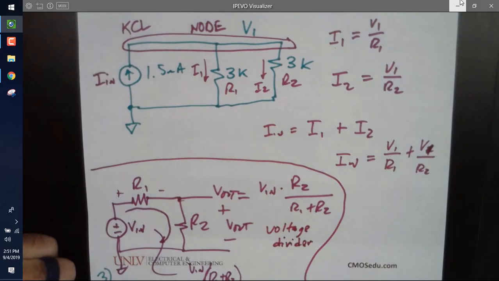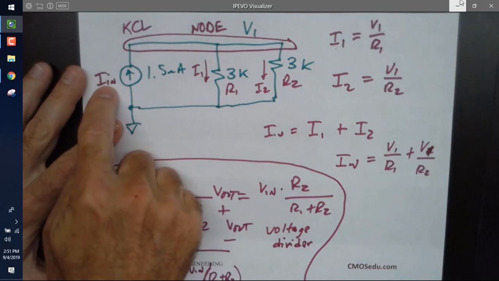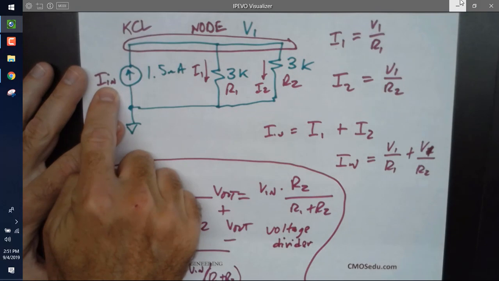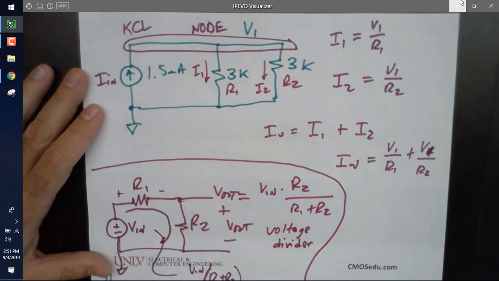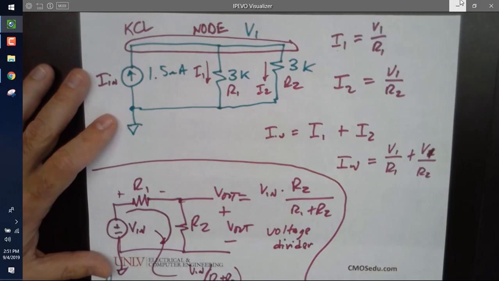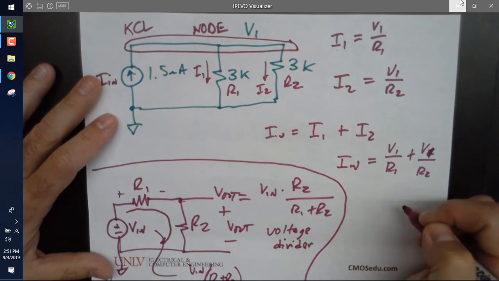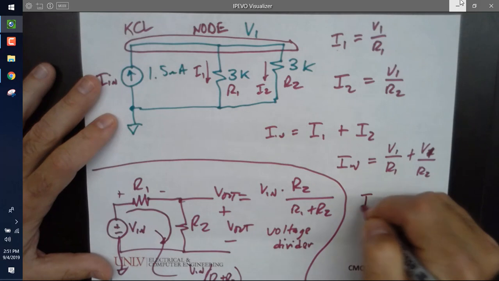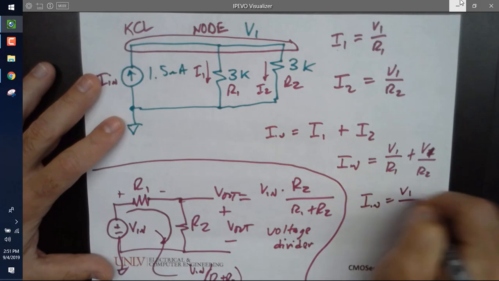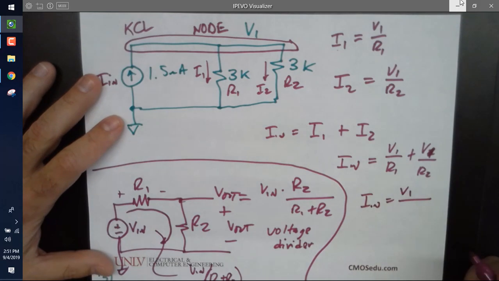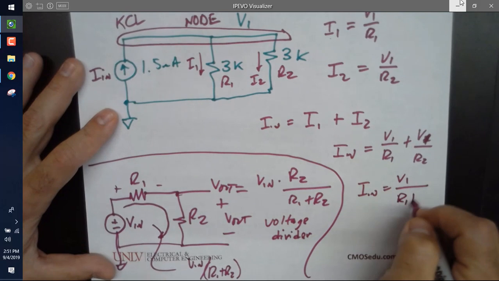So now if I go further and say, what if I want to find I1 in terms of In? How can I simplify this circuit? Okay, we'll do that. We'll write In equals V1 over, I'm going to use some notation, you tell me if it makes sense, R1 in parallel with R2.